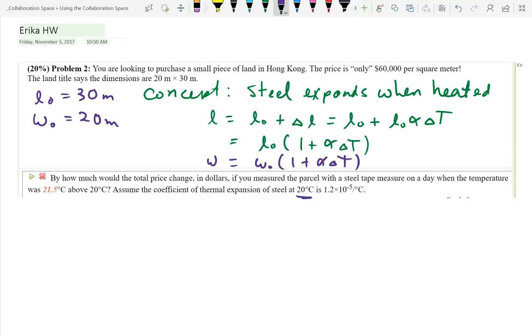Now in the textbook, we had two equations here: delta L is equal to L naught alpha delta T, and delta V is equal to V naught beta delta T. But we had nothing to do with area. That's why I had to use the two length equations. So we're going to make our area equation. Area is length times width.